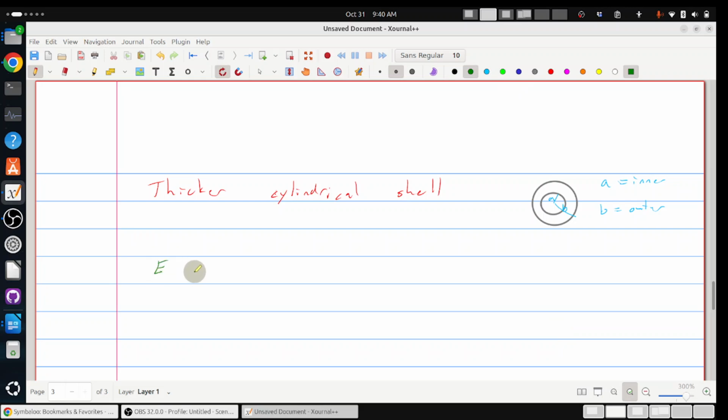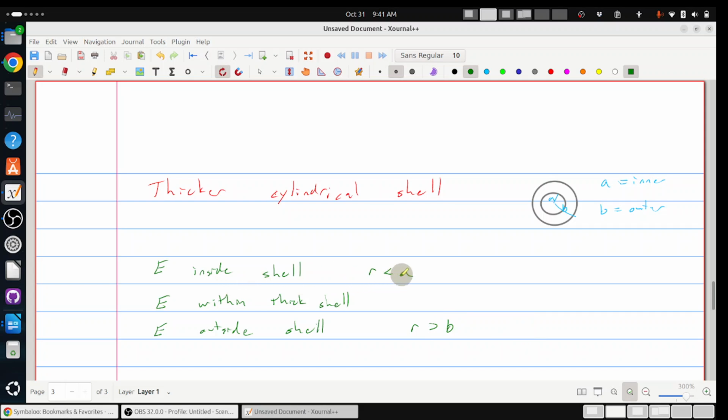So again, the E, if you're inside the cylinder, that's going to be where our r is less than A. And just for language to try and specify this, if my r is greater than B, I'm completely outside of the shell.